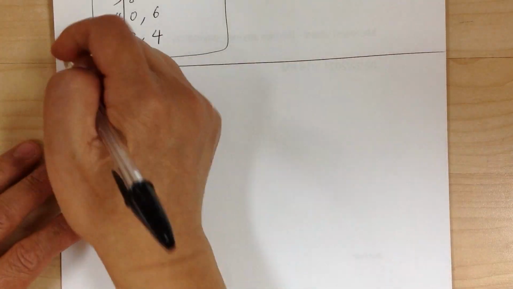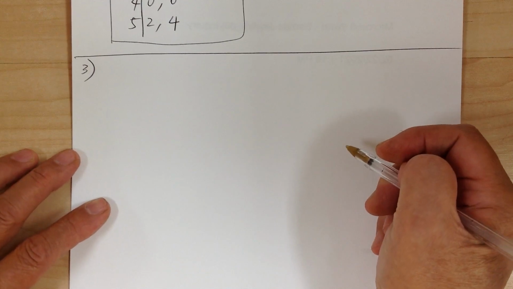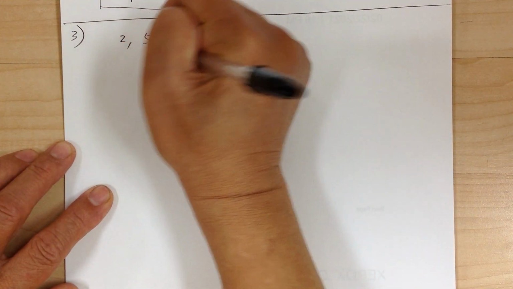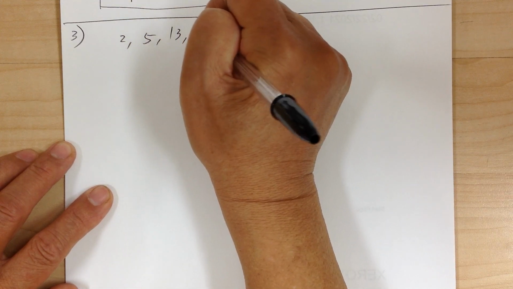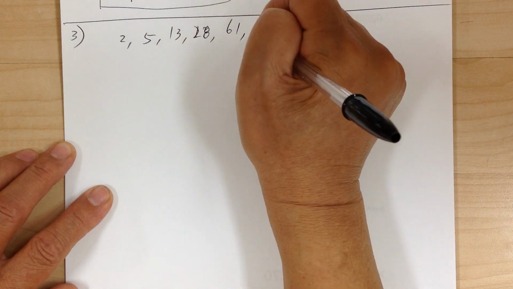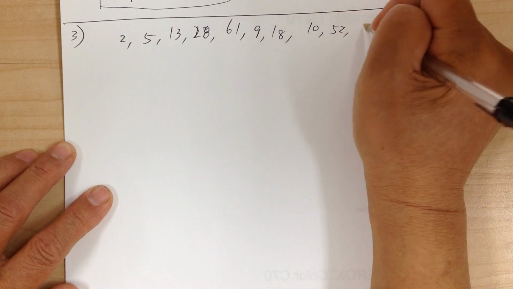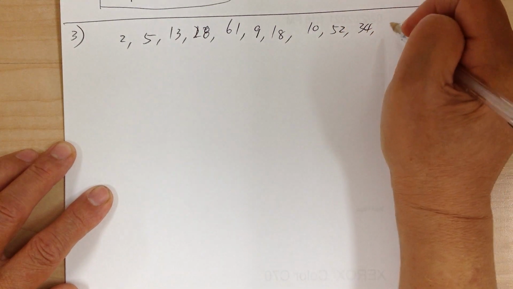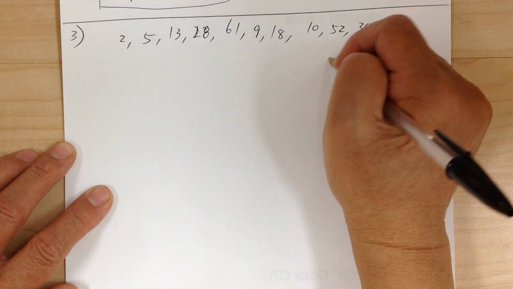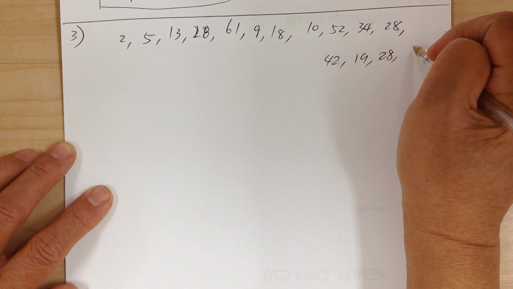Let's do number 3. You have 2, 5, 13, 28, 61, 9, 18, 10, 52, 34, 28, 42, 19, 28, and 7.